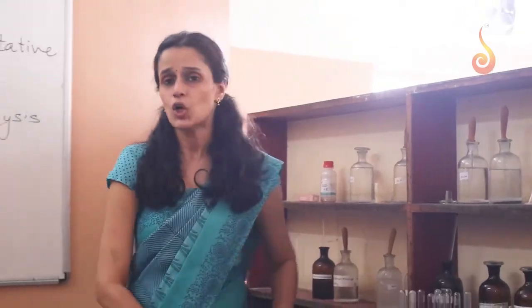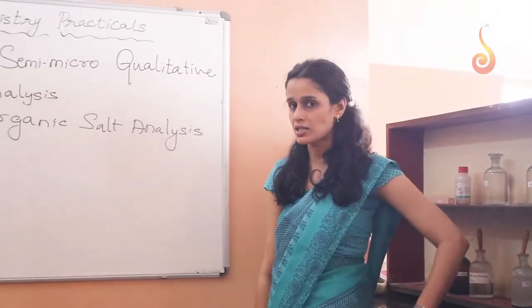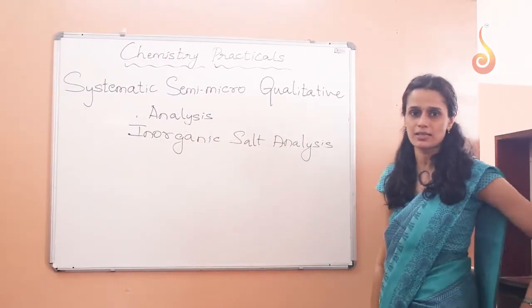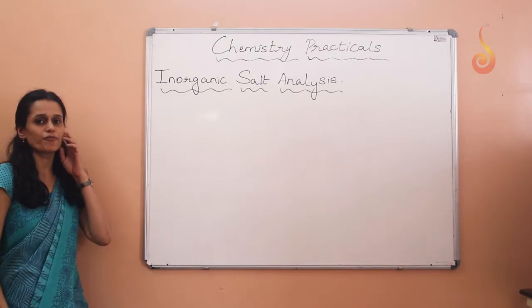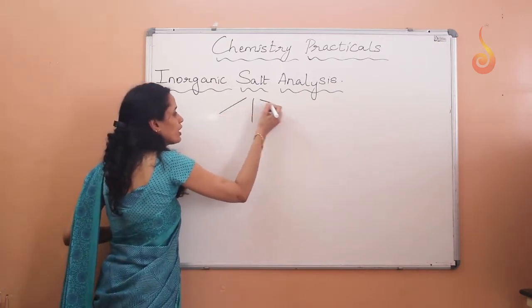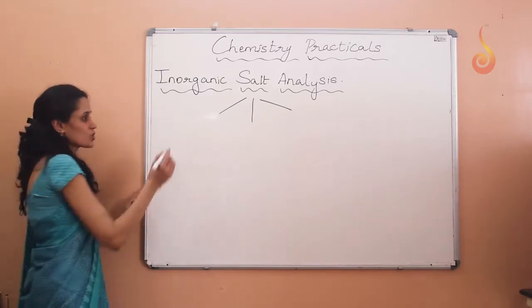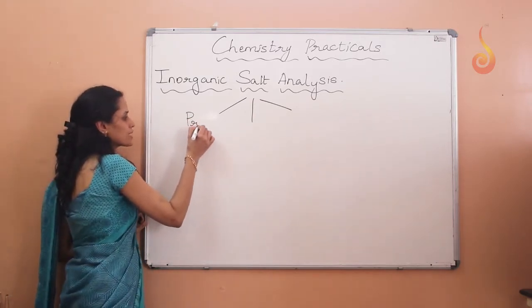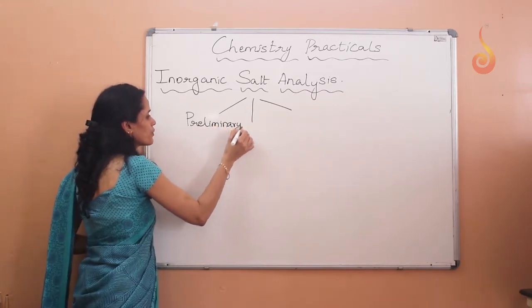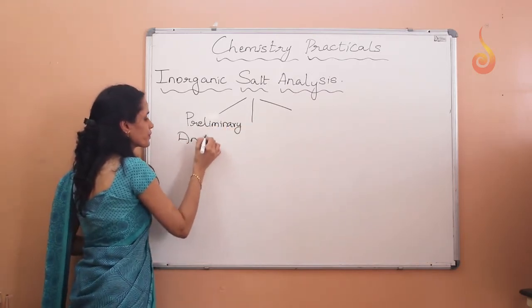Now let us look at the important steps we have in inorganic salt analysis. In inorganic salt analysis, we have three important steps. One is called preliminary observation or preliminary analysis.